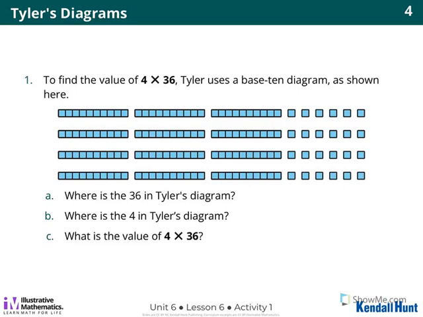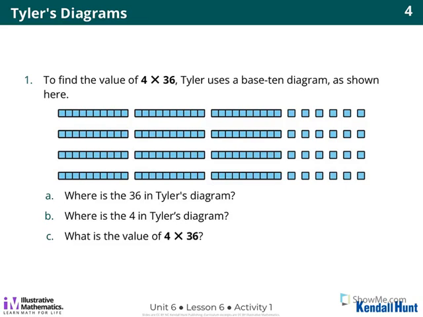So activity 1. So it looks like we've got some parts of our grid, right? So to find the value of 4 times 36, Tyler uses a base 10 diagram. You're going to work with your partner and figure out where is the 36 in Tyler's diagram because he's multiplying, right?